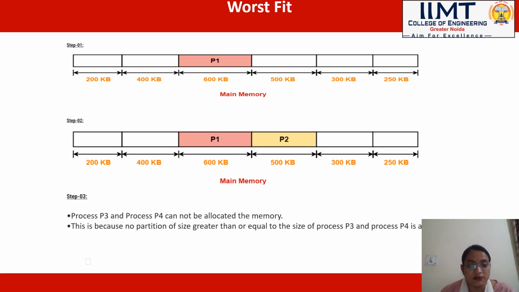Next step, process P2 has size 210 KB, so we check the largest size of the main memory. 500 KB is the largest, so that hole is allocated to process P2. Process P3 and process P4 cannot be allocated to memory. This is because there are no partitions of size greater than or equal to the size of process P3 and process P4.